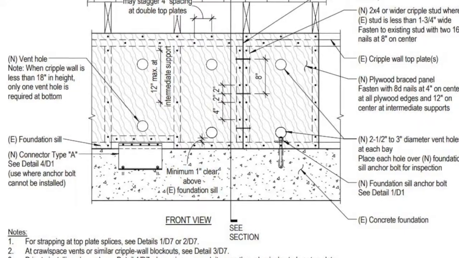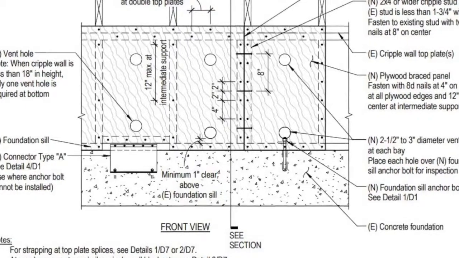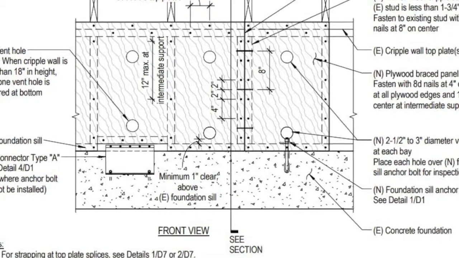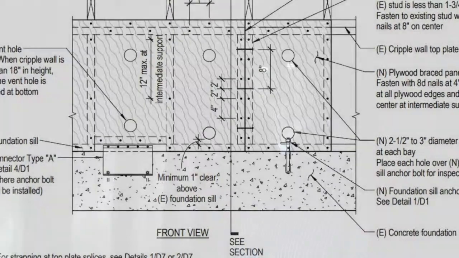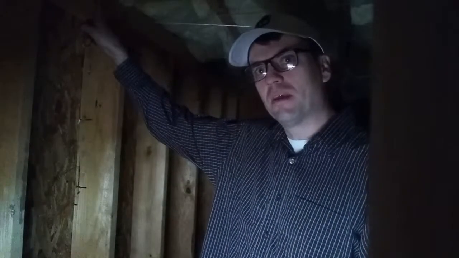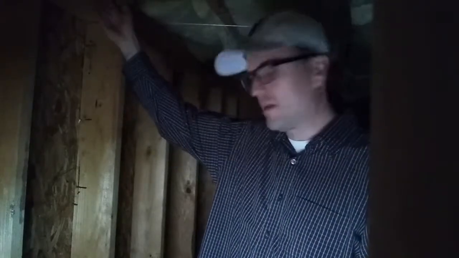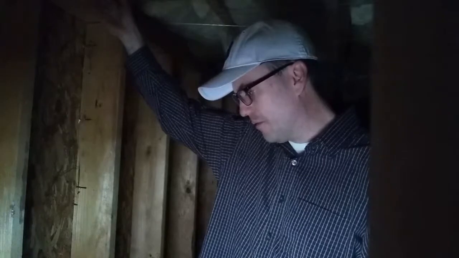So again, you have to complete the entire load path. I'm attaching a sample detail of how a typical piece of plywood is applied to the interior side of a crawl space. You have to have clips from the rim joist to the double top plate here, and then the load path has to be connected from the double top plate through the plywood and the nailing all the way down to the mudsill, and then either retrofitted anchorage or existing anchors if they're sufficient to complete the load path into the foundation.